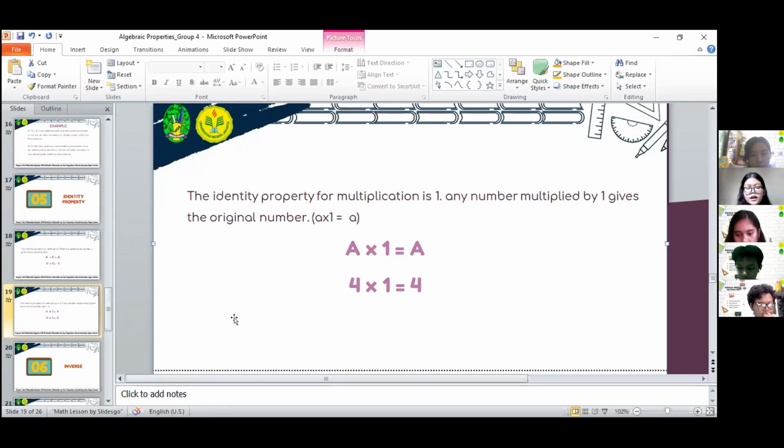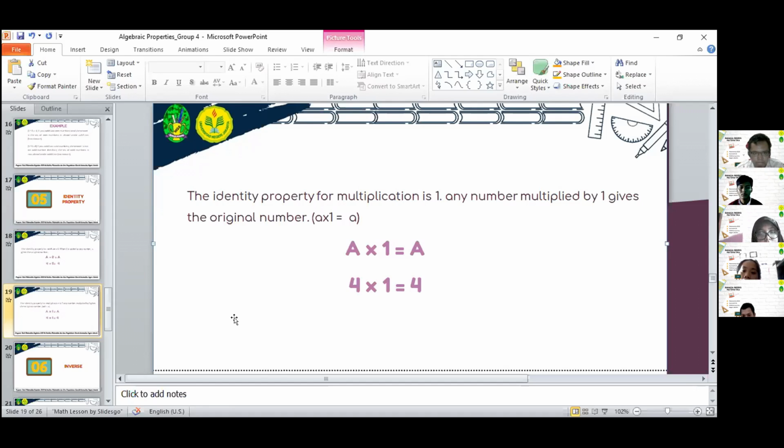Okay, I want to try to answer Vicky question. In my opinion, is it always 1 or 0? It depends on the equation itself. For example, the one that we already stated in our presentation, the identity property for multiplication is 1 because every number multiplied by one will produce itself.